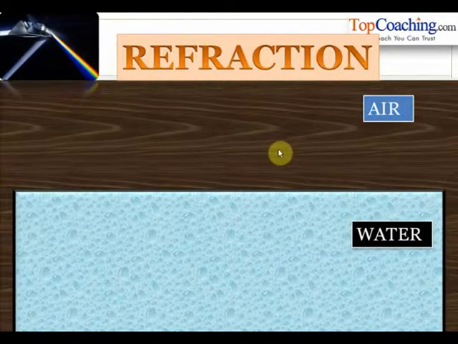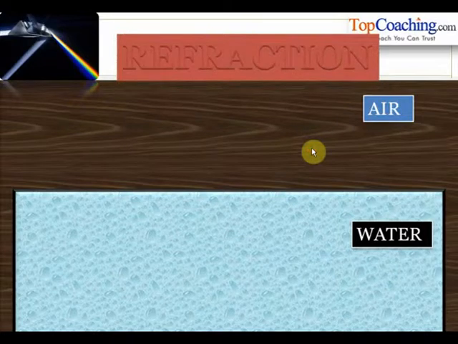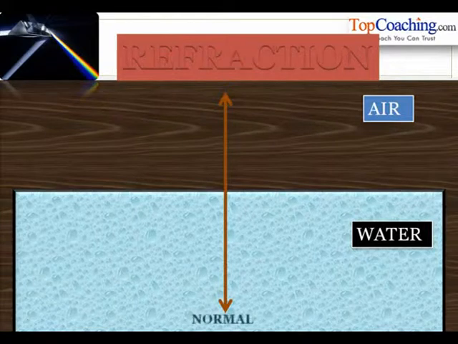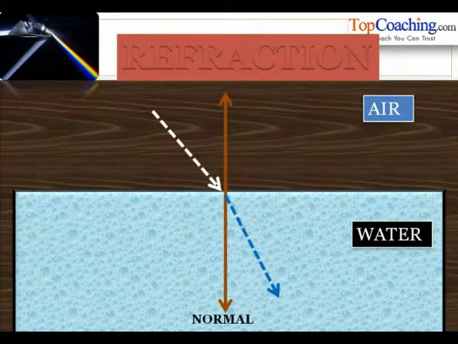Now you must have heard of refraction. What do we mean by refraction? Refraction is a phenomenon by virtue of which a light ray bends towards the normal or away from the normal when it passes from one medium to the other. For example, let us say that this is air and this is water. Let us say this is the normal, and a ray of light which is incident becomes refracted after passing from air to water, and it is towards the normal.